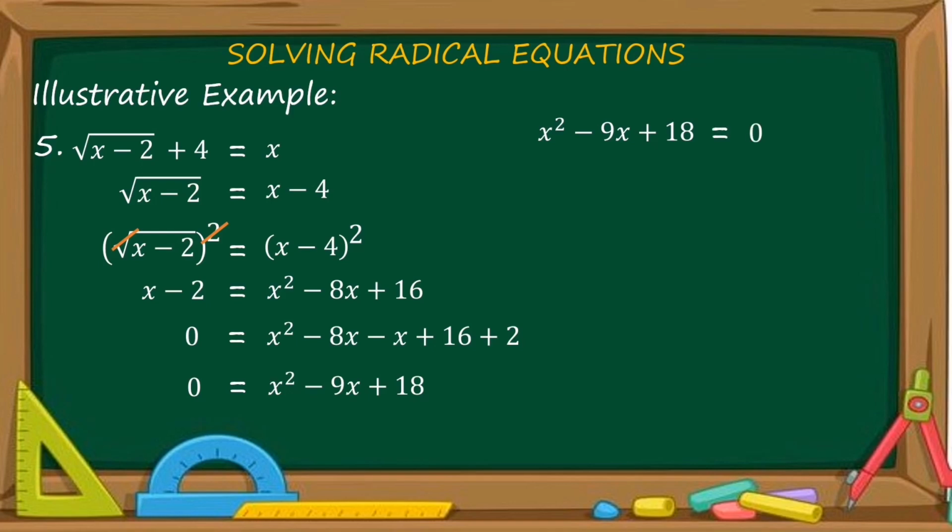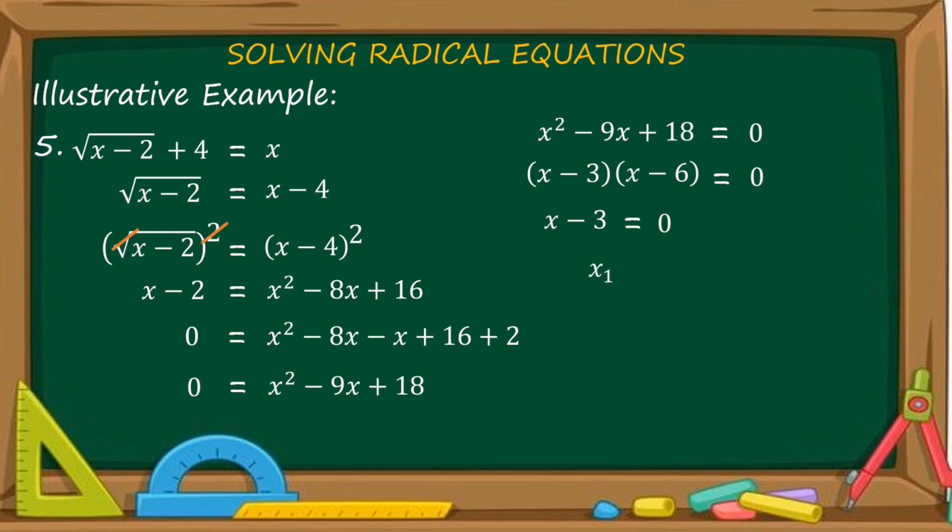To solve, this is already a quadratic trinomial. We need to factor, that is the quantity x minus 3 times the quantity x minus 6, which is equal to 0. To solve for the first variable, we need to apply the zero product property, that is x minus 3 is equal to 0.